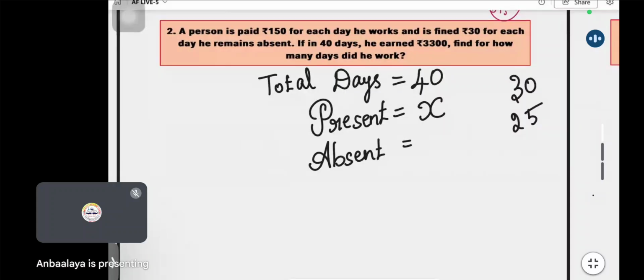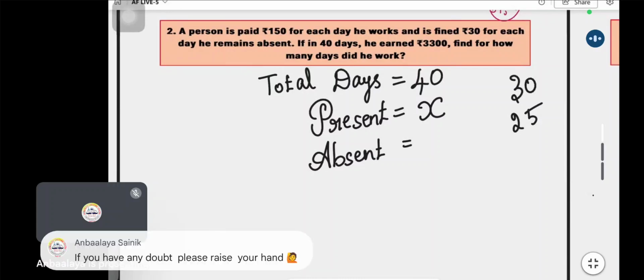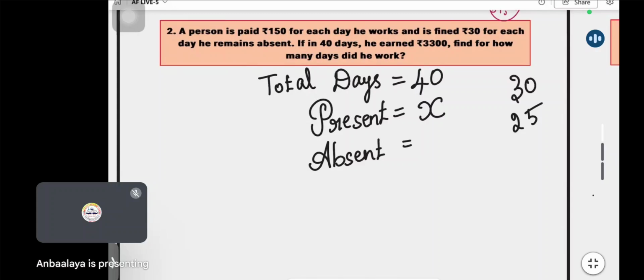How many days didn't you go to school? 5 days. How did you find that? 30 minus 25. In the same way, tell me what you write here. 40 minus x. Very good, 40 minus x is the number of absent days.